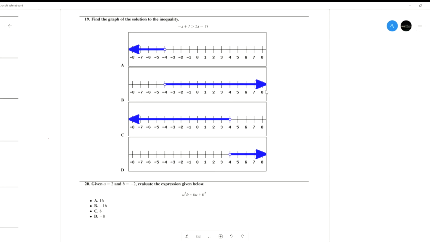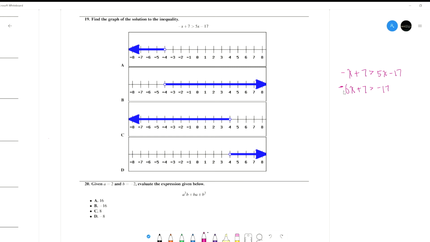Okay, next up is our linear inequality. To solve this, I'm going to write it on the right hand side: negative x plus 7 greater than 5x minus 17. I need to have x on one side and non-x's on the other. So let's subtract 5x. You get negative 6x plus 7 is greater than negative 17.